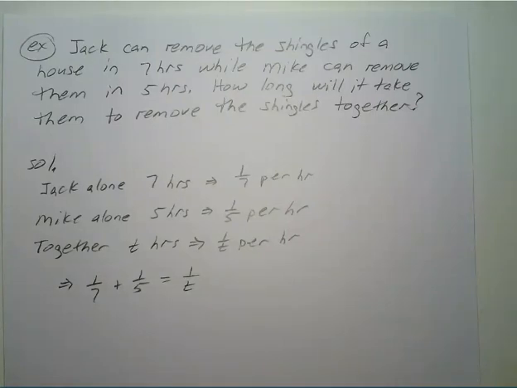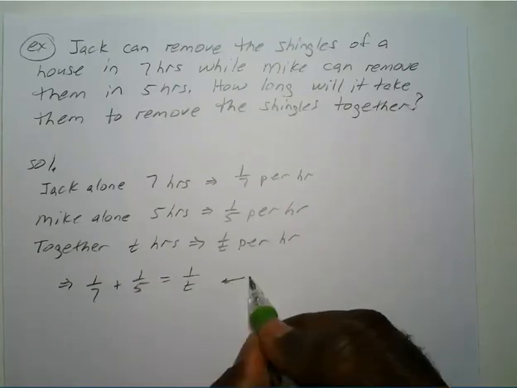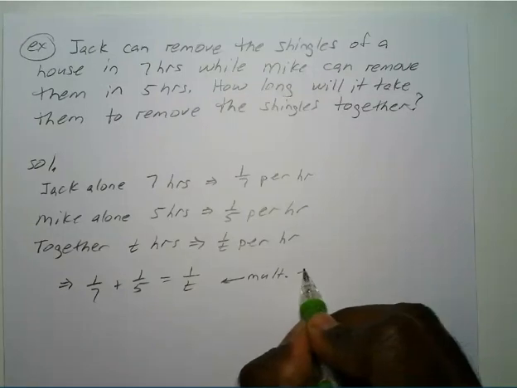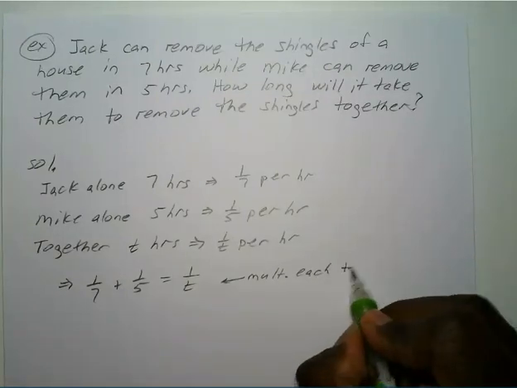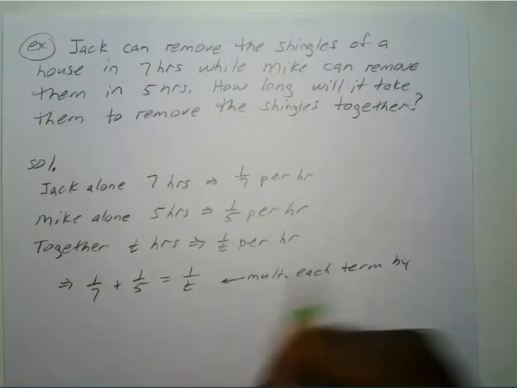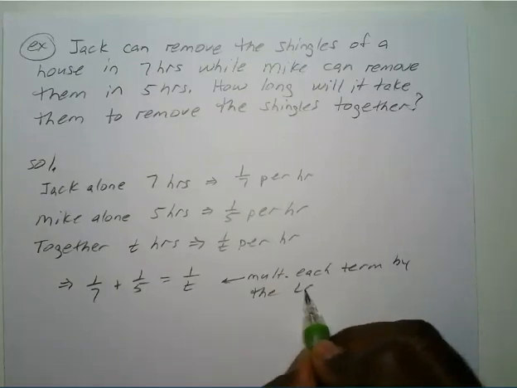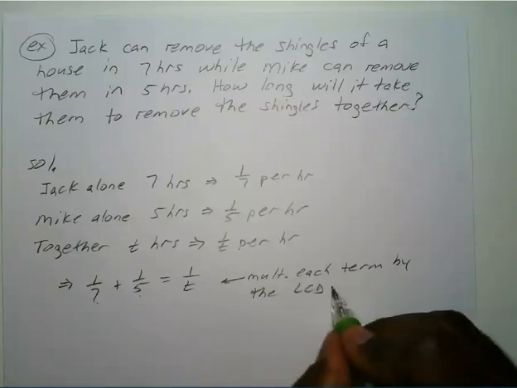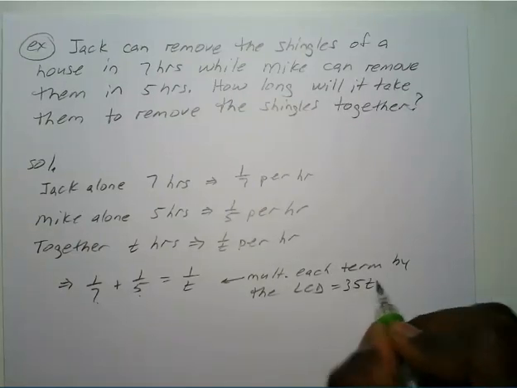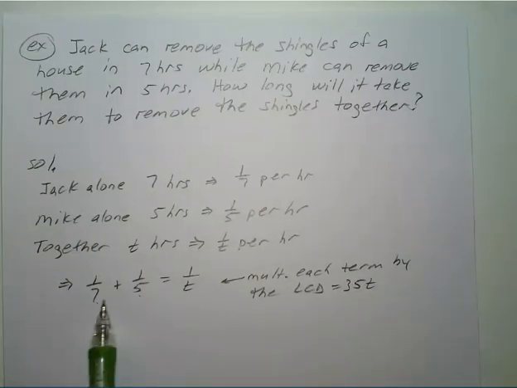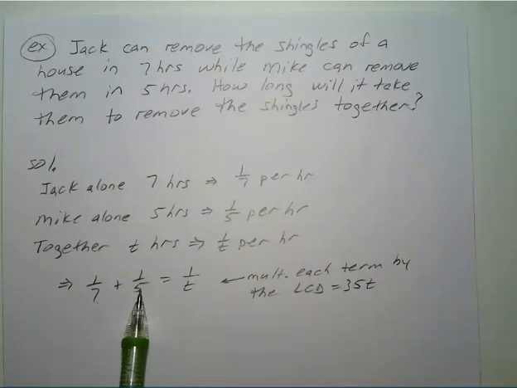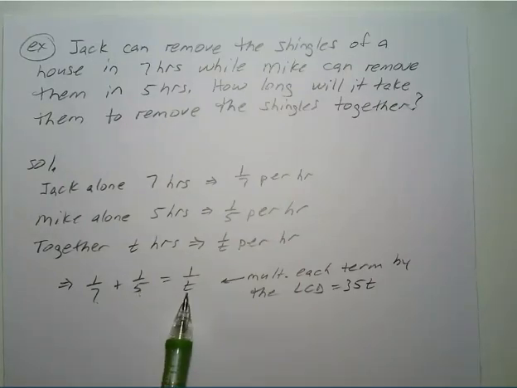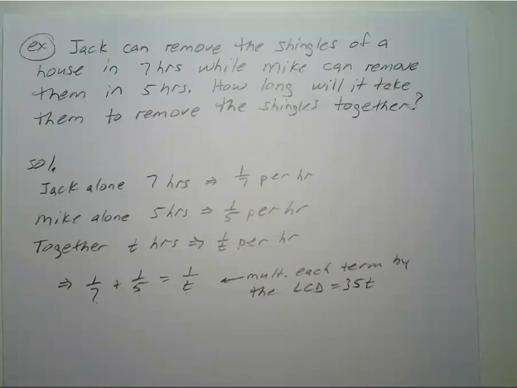Okay, so just like before, we're going to multiply each term by the least common denominator, which in this case is 35t, because the least common multiple of 7 and 5 is 35, and of course you have to have the t there since that's the other denominator.